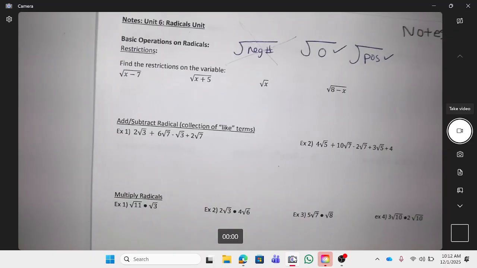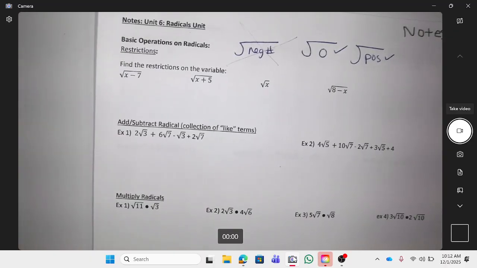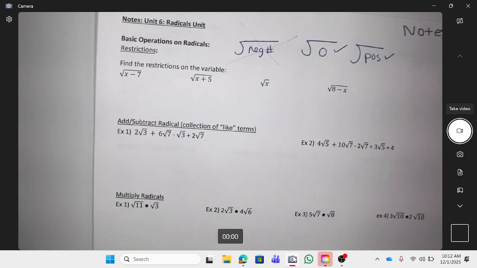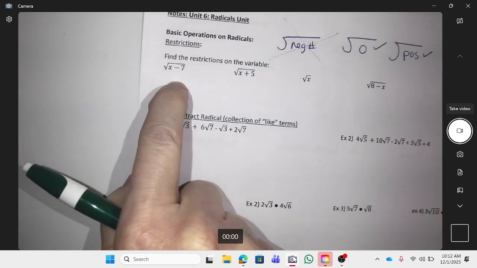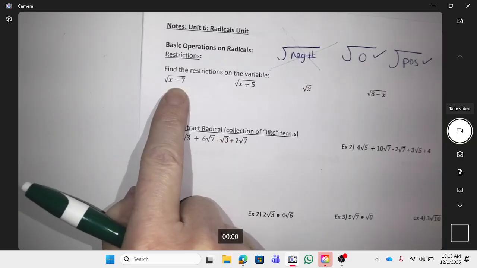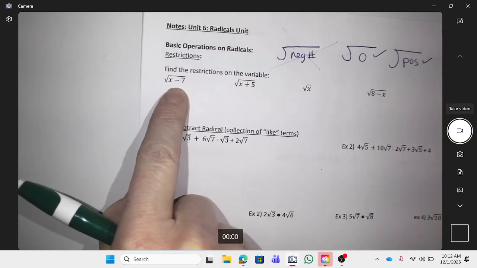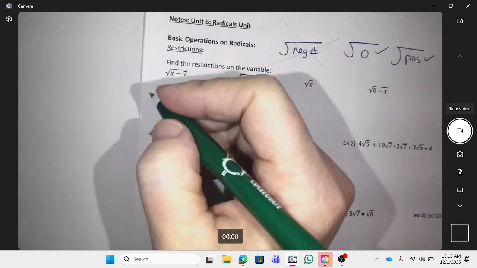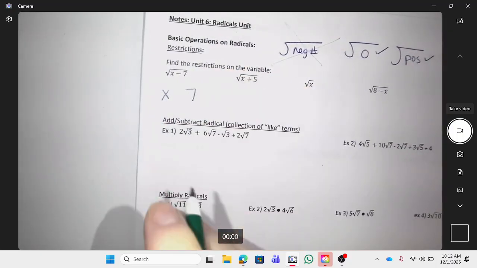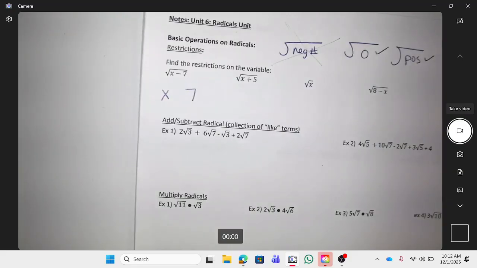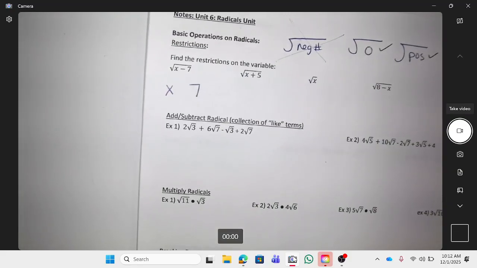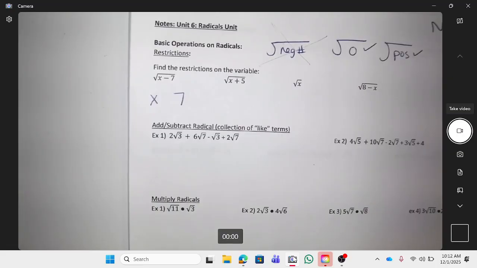So we're going to focus on what makes this 0. What value makes this 0? If x was 7, just write that, leave a little blank spot in between. Now, should I pick numbers higher than 7 to keep it positive or lower than 7?